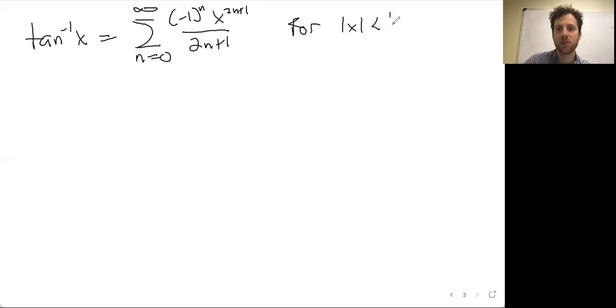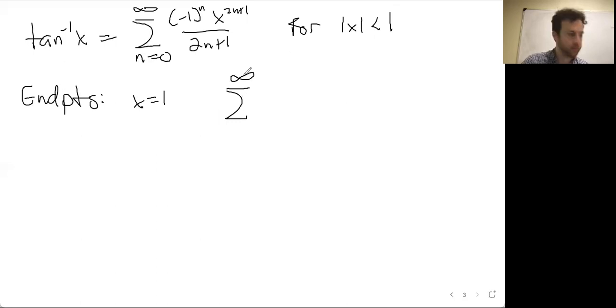As long as the absolute value of x is less than 1, we keep that same radius of convergence. But for the interval, the question is, what happens at the endpoints? So what happens at 1 and -1? If we put in x equals 1, 1 to any power is just 1.